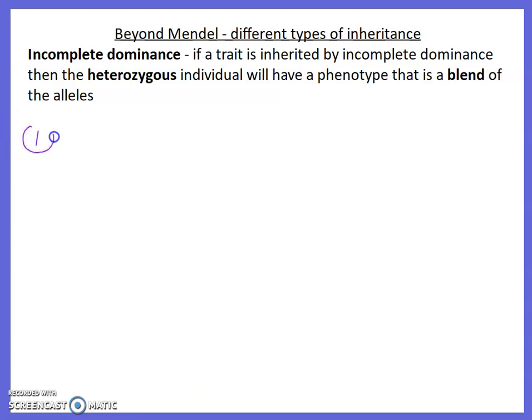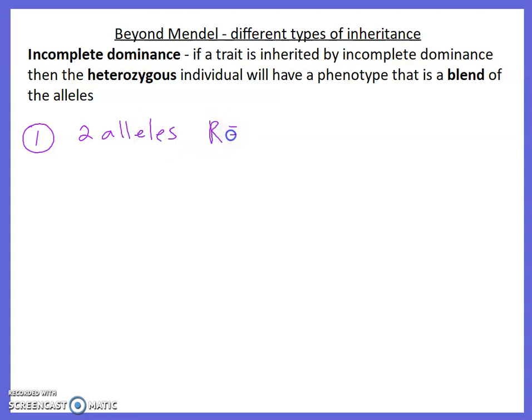In number 1, and also number 2, the red 4 o'clock flowers have the genotype RR, so homozygous dominant. White 4 o'clock flowers have the genotype rr, and then the heterozygous flowers appear to be pink. So in this problem we have two alleles for a certain trait.